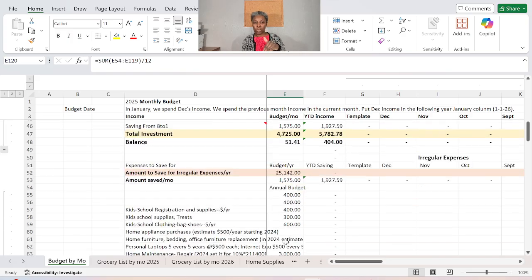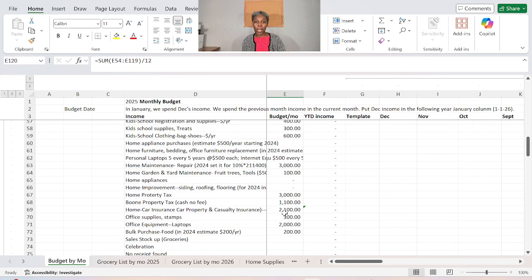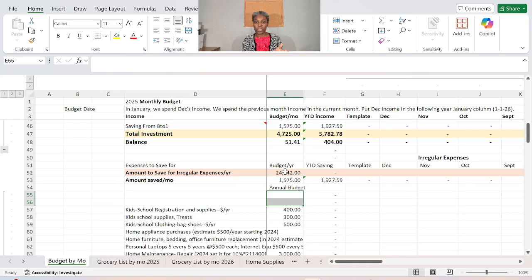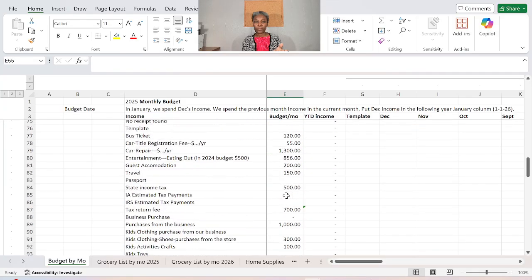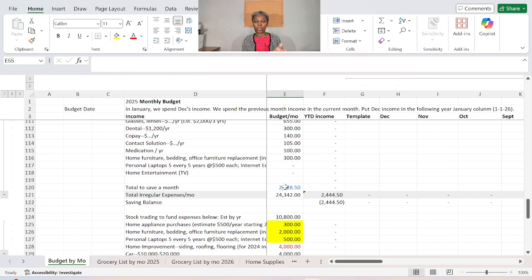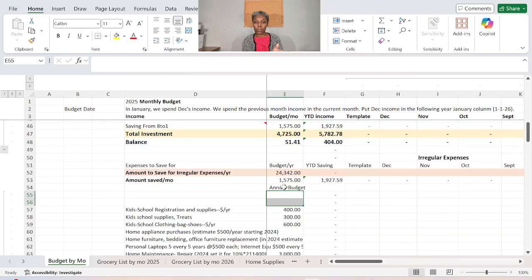I didn't really go through it to see what I need to increase or decrease. I just copied it from last year. So I have some blank template here that I will need to take out as well. You can see that it changed that number there, but anyway, that's not what we are here for.